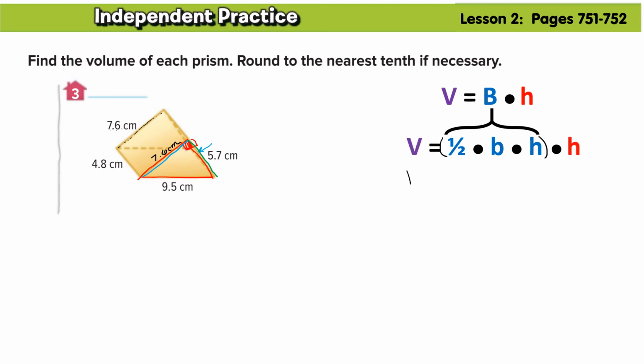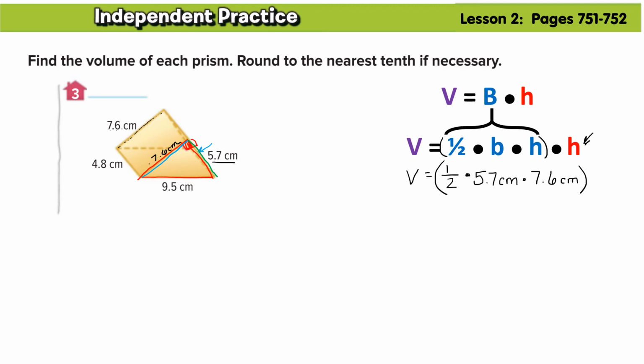And so we have volume equals 1/2 times the base, and 5.7 centimeters is the base, times the height of the triangle, which we said is 7.6 centimeters, times the height of the prism.